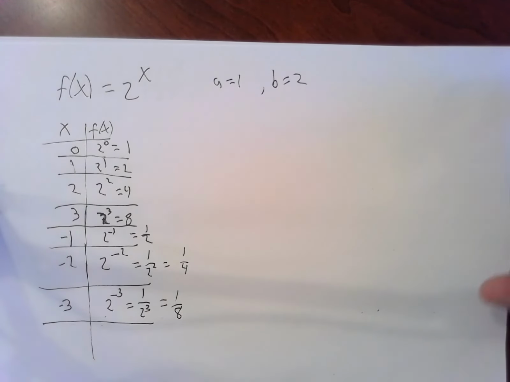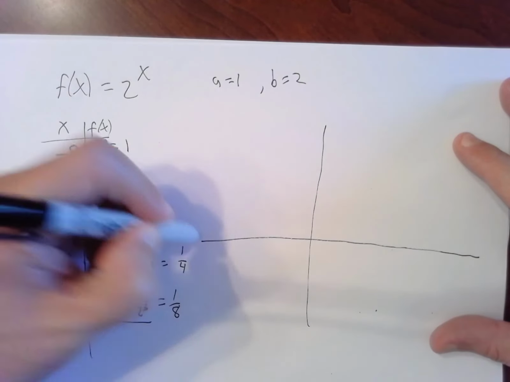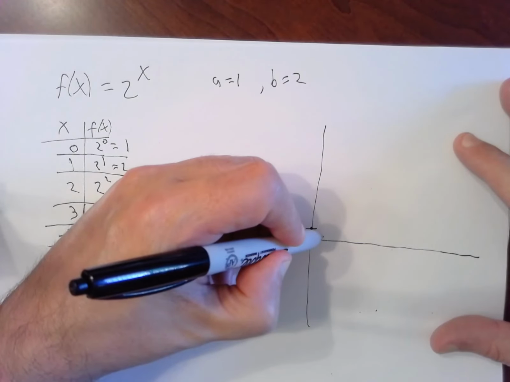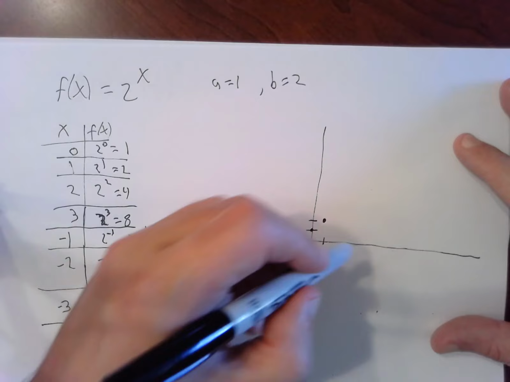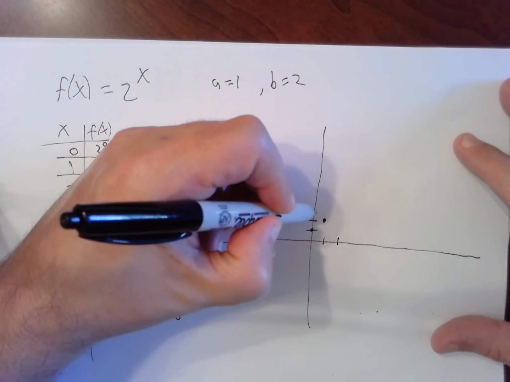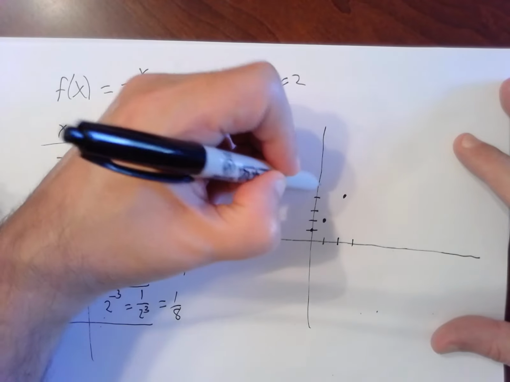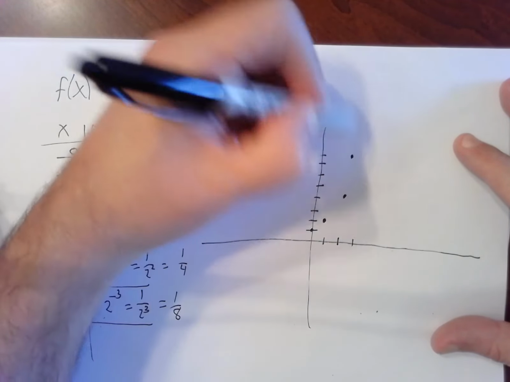Okay, let's graph this. Just a quick sketch. Okay, so we've got the point (0, 1), the point (1, 2), the point (2, 4), the point (3, 8), and so forth.